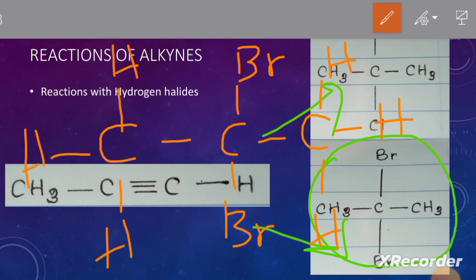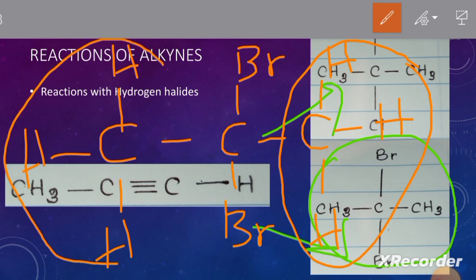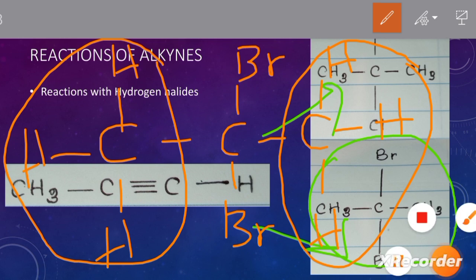In organic conversions, we can write this carbon and 3 hydrogen together as a CH3 group. And here also carbon and 3 hydrogen, CH3. So we can condense and write these organic compounds, which makes it easy for us to write.